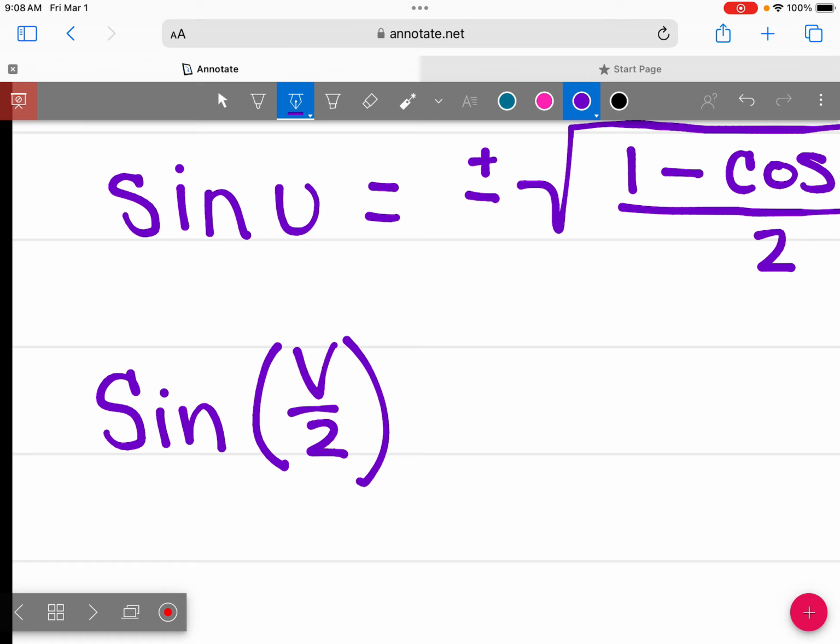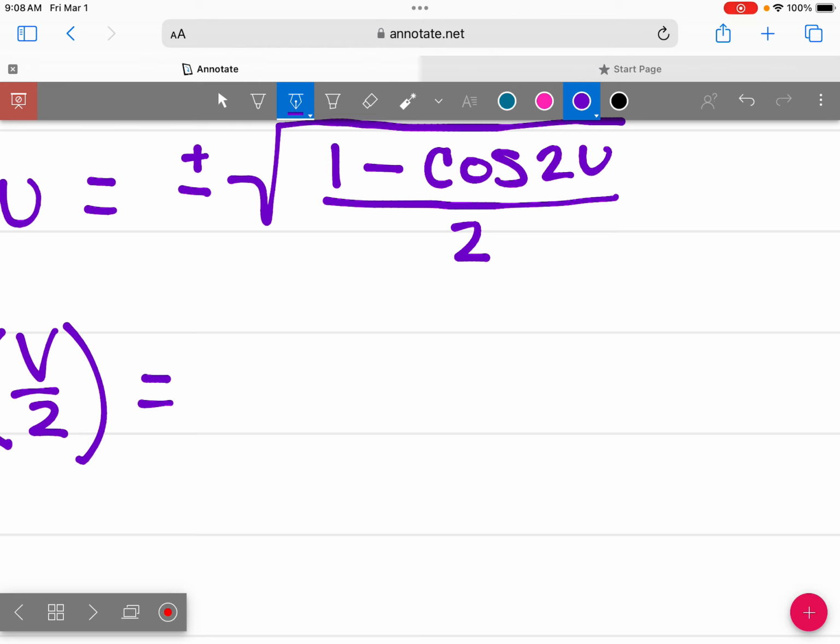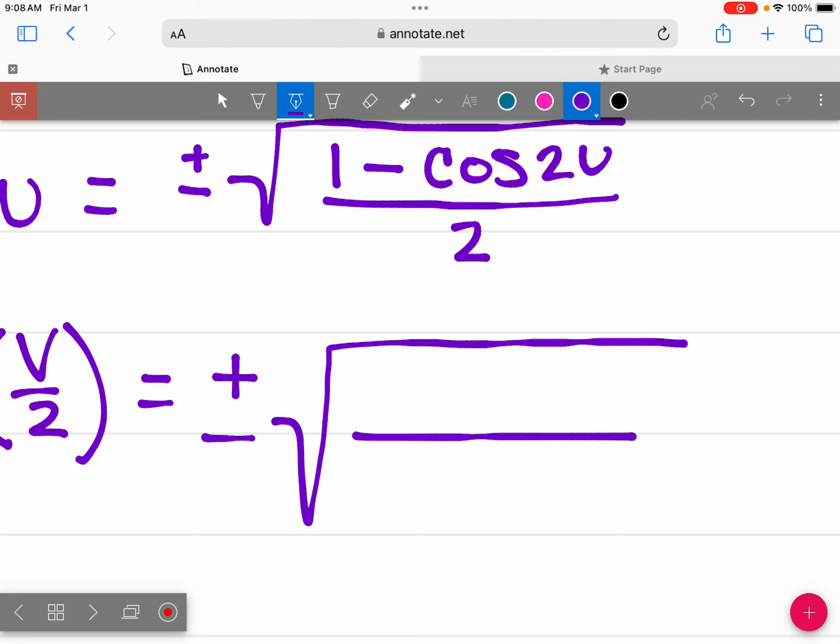So this is a half angle. Sine of v over 2 equals plus or minus, and I'm going to take 2 lines for it so we can see, the square root of 1 minus cosine of 2 times v over 2, so just v, over 2.